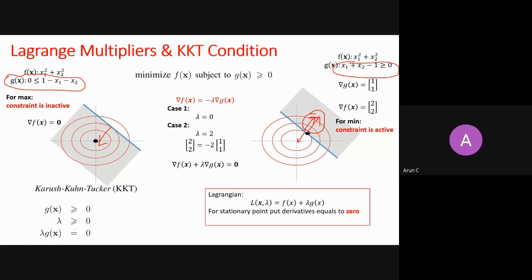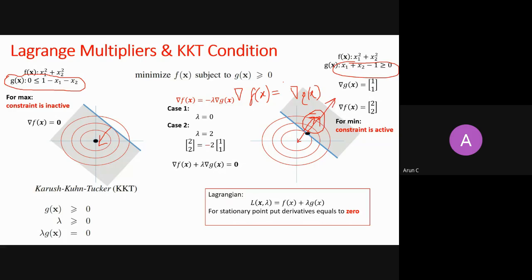So the gradient of f(x) is equal to the gradient of g(x), because they are in the same direction, but they may not be of the same weight, right? So this may be greater and this may be smaller.